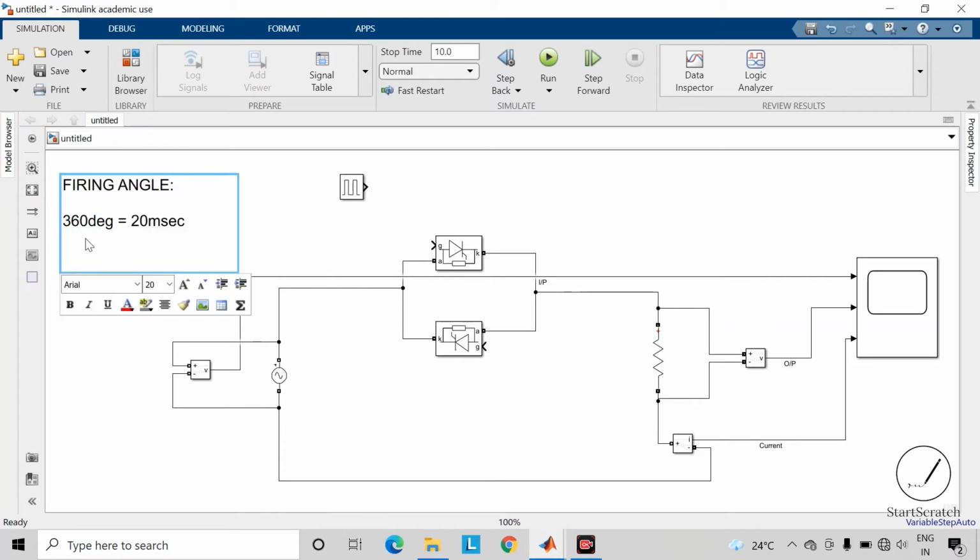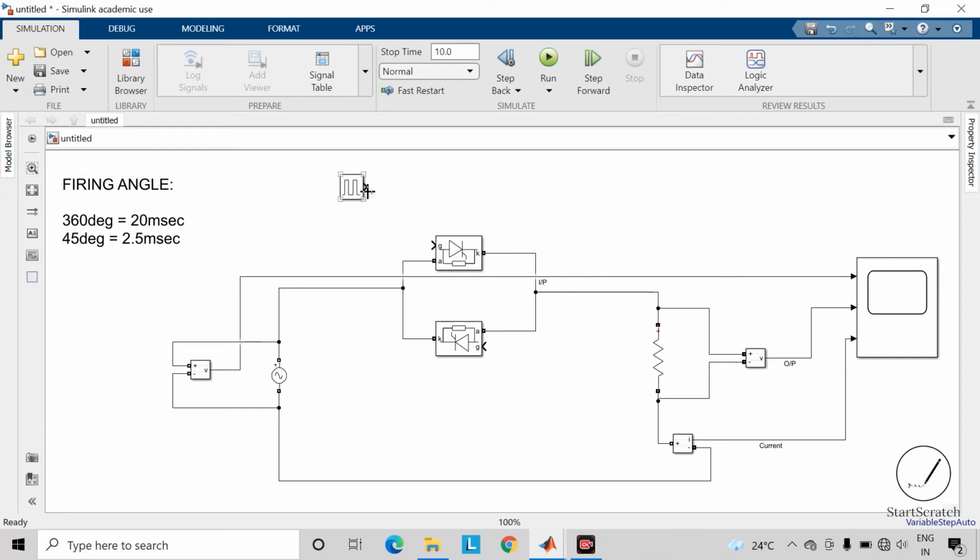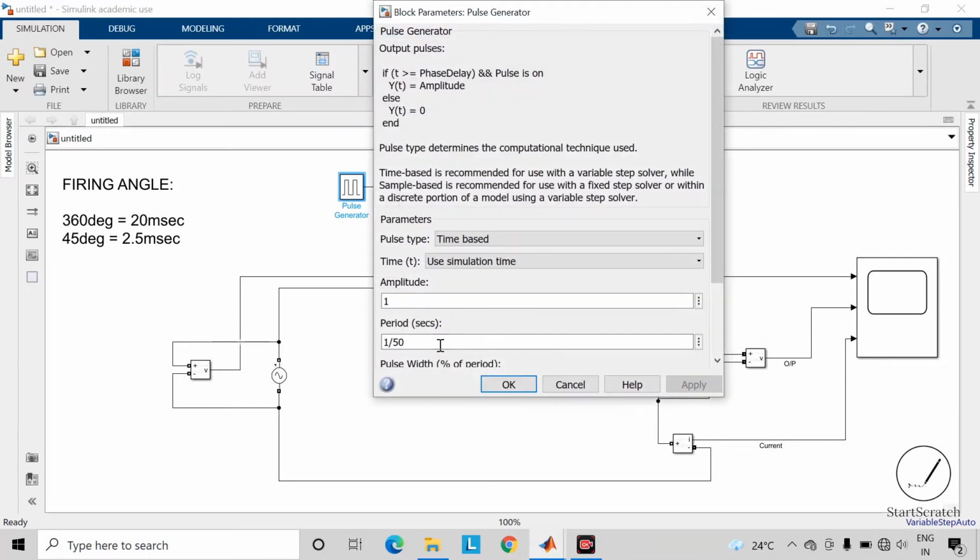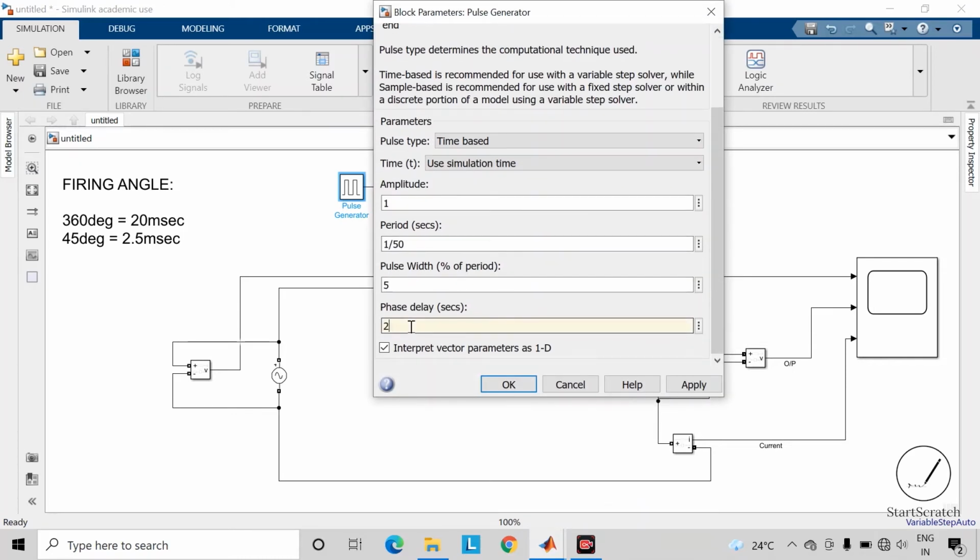Now if you want the firing angle as 45 degrees, then if we will calculate the phase delay will come out to be 2.5 milliseconds. So let us apply this 2.5 milliseconds delay to this thyristor 1 with the help of this pulse generator block.